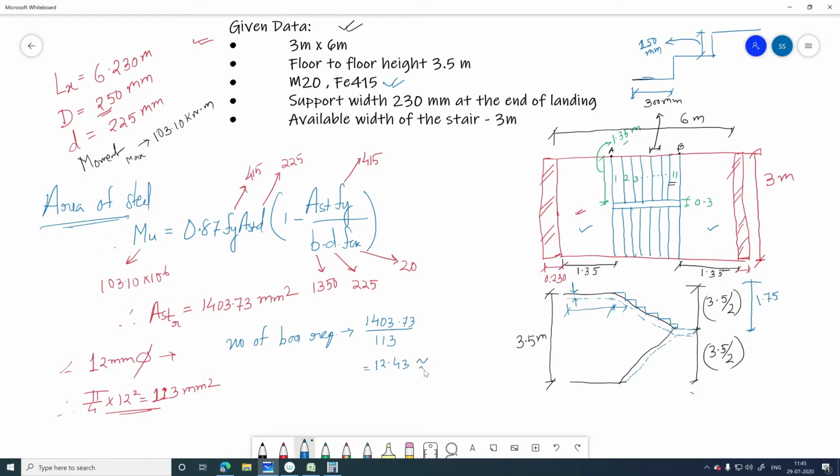12.42. So we will provide here 13 numbers of bar. Our ultimate result is that we will provide 13 numbers of 12 mm dia bar in the main reinforcement.